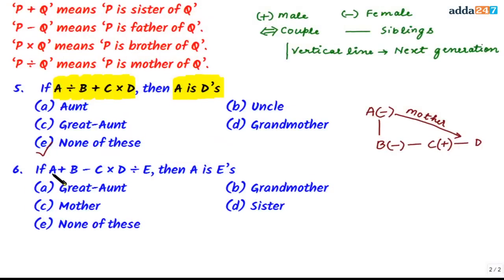Here we are given this relation, and here we have to find how is A related to E. Let's again make the diagram. A plus B, that means A is sister of B. So that means A and B are siblings. A is female.